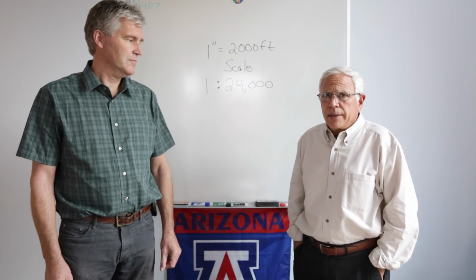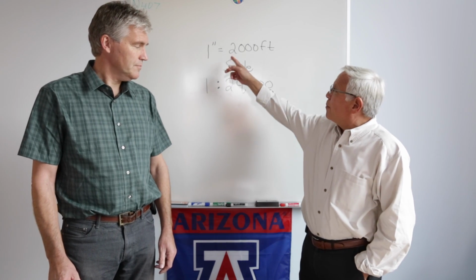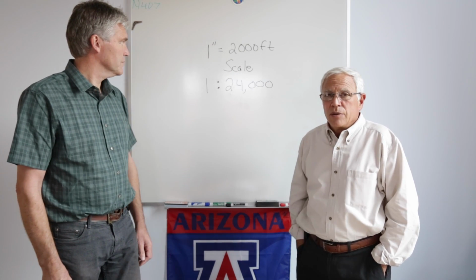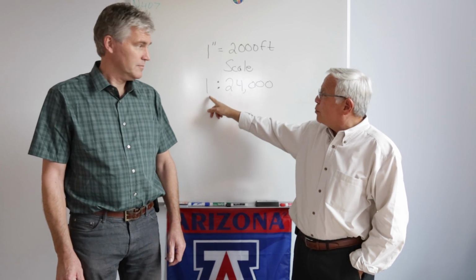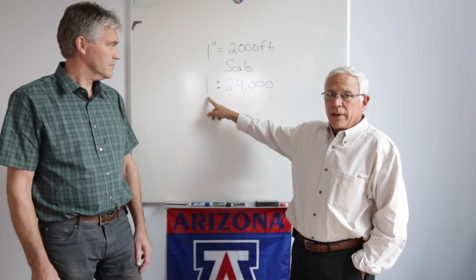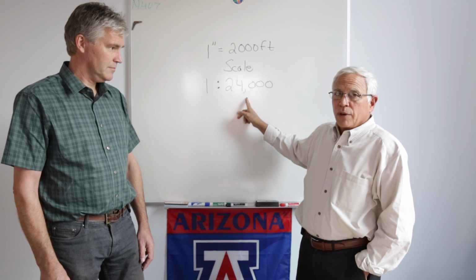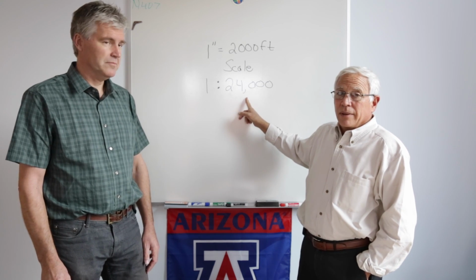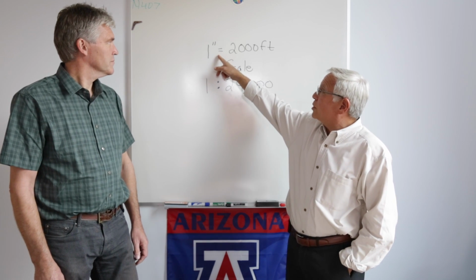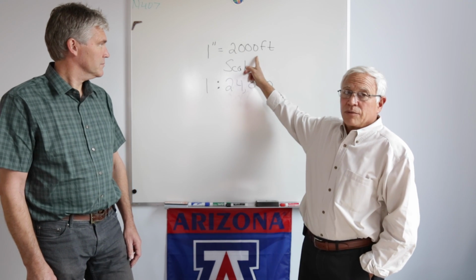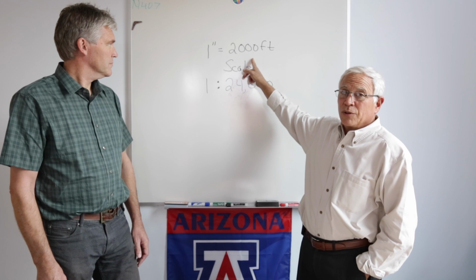But in reality, getting away from a scale with units in it to one that's a representative fraction means that you can put in any unit over here and any unit over here, as long as they're the same unit, and you'll know what the scale is. As it turns out, 1 inch is equal to 2,000 feet, with 12 inches in a foot.